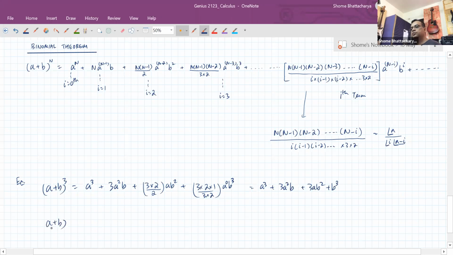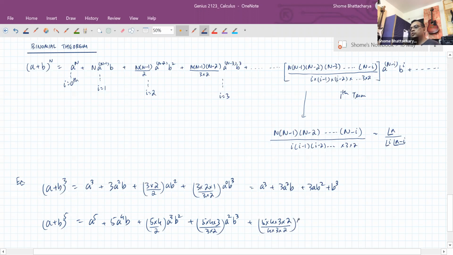So similarly, if we had a plus b to the power 5, let's say, this would be a to the power 5 plus 5a to the power 4b plus 5 into 4 divided by 2, okay, into a cube b square, okay, plus 5 into 4 into 3 divided by 3 into 2 into a square b cube, okay, plus 5 into 4 into 3 into 2, okay, divided by 4 into 3 into 2 into a b to the power 4, okay, plus 5 into 4 into 3 into 2 into 1 divided by 5 into 4 into 3 into 2, a to the power 0 b to the power 5.